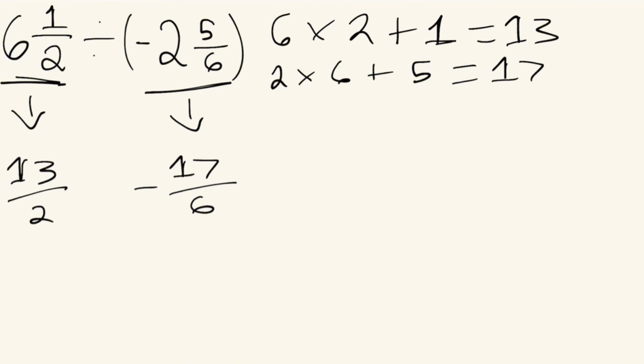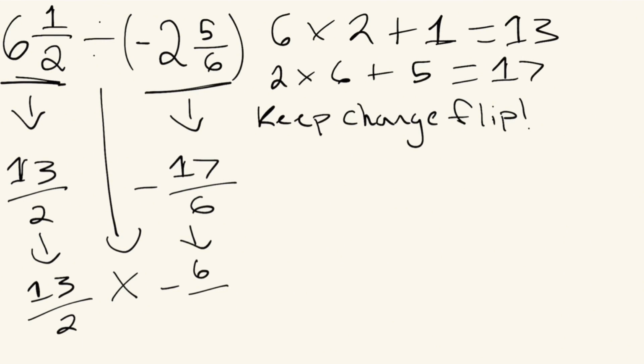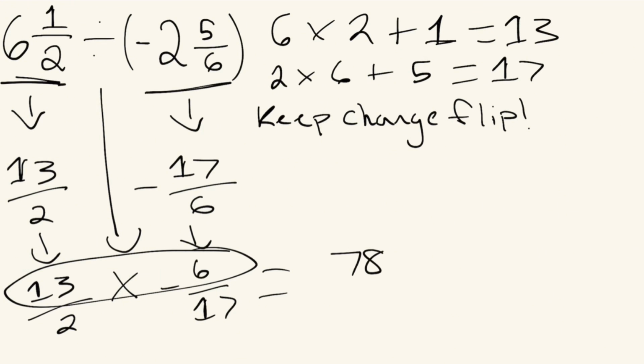So now, since it's still a division problem, we still have to do our keep, change, flip. So we're going to keep 13 halves, and we're going to change our division to multiplication and flip our fraction, so it would be negative 6 over 17. Now we can multiply straight across here, so 13 times 6 equals 78, and 2 times 17 equals 34.